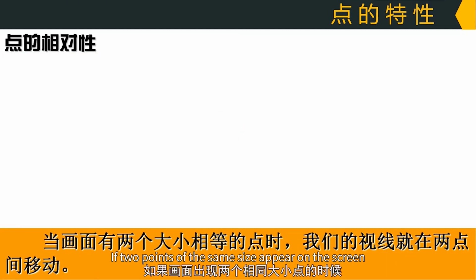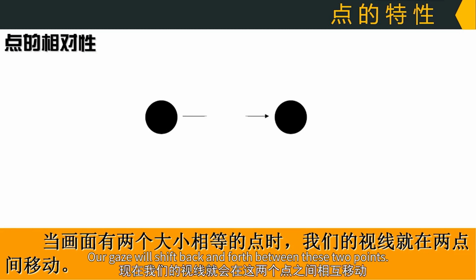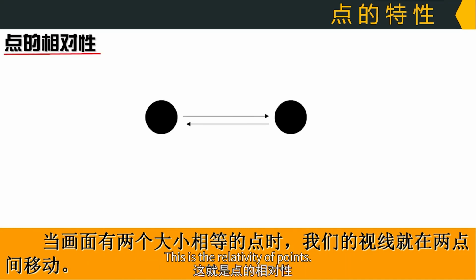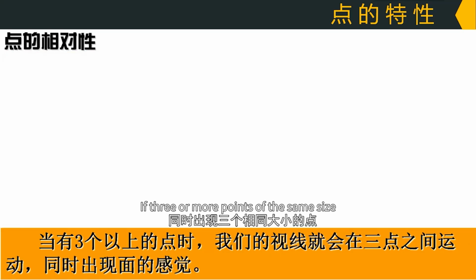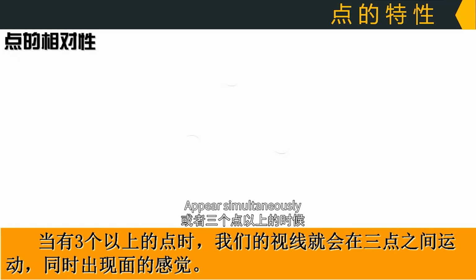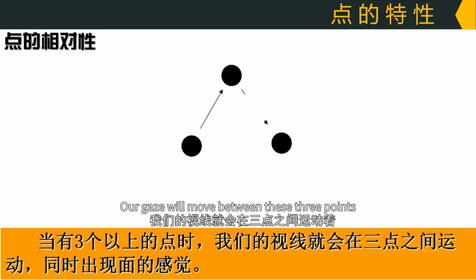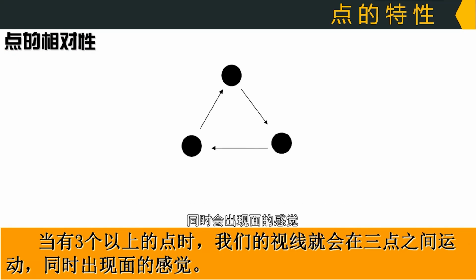If 2 points of the same size appear on the screen, our gaze will shift back and forth between these 2 points. This is the relativity of points. If 3 or more points of the same size appear simultaneously, our gaze will move between these points, which makes us feel like a plane is forming.